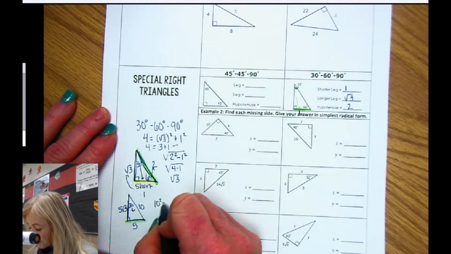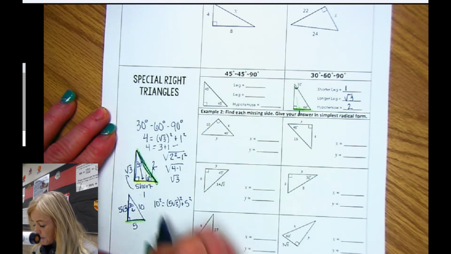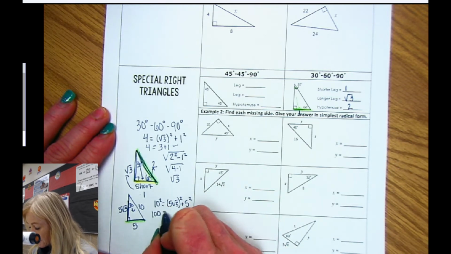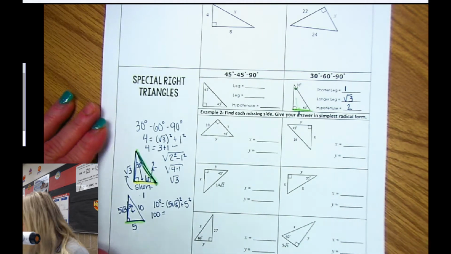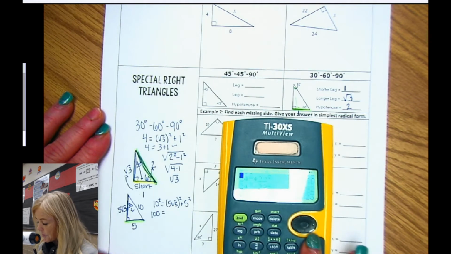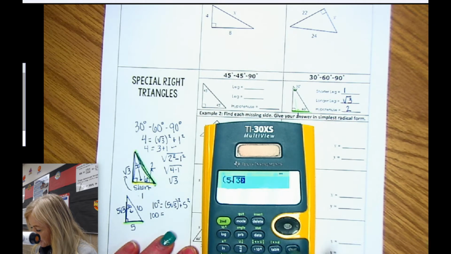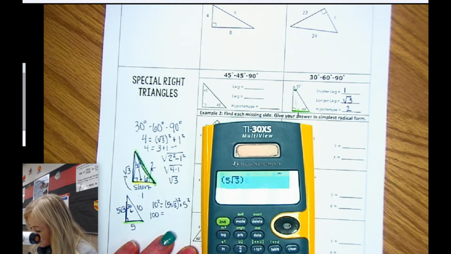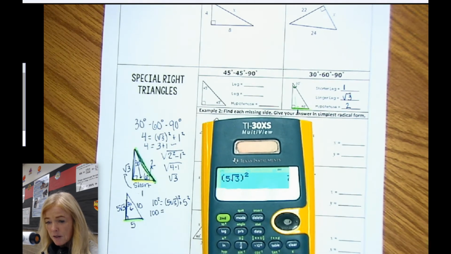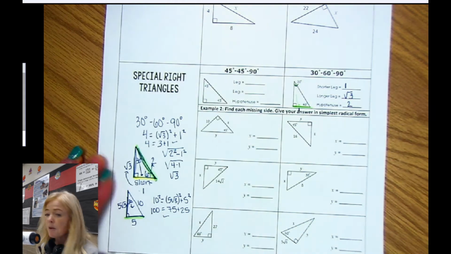Is 10 squared equal to 5 radical 3 squared plus 5 squared? Well, 10 squared is 100. For 5 radical 3 squared, it would be easier to put that in the calculator, so in parentheses, 5 radical 3, and then squared is 75. So 75 plus 5 squared, which is 25, and sure enough, that works.